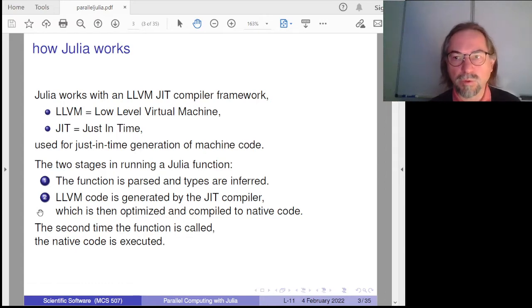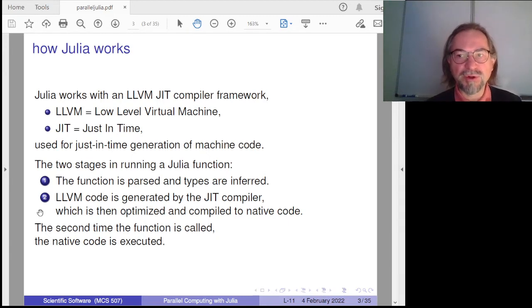In one sense, Julia is a very high level programming language. There are types that are inferred, so the user can provide types, but they can also be deduced. There is the Julia compiler, and then there is the code that is optimized and compiled to the native code.